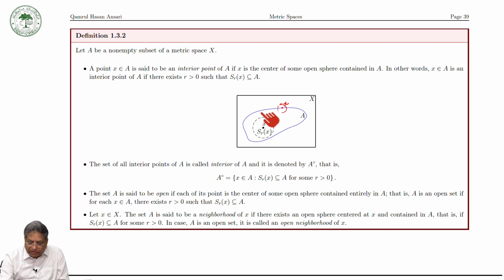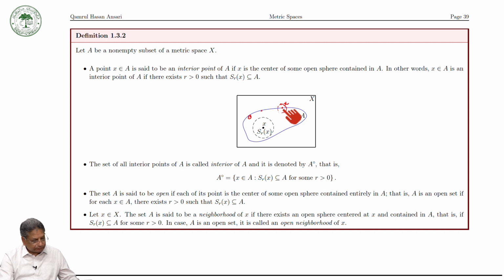But if you take a point just before that one, whatever the distance from this point to the boundary point, you can consider a radius less than this distance, and then you can find an open ball. So you can find r such that this point is the center of an open sphere contained in A. So this point is, but not that point. Later we will define the boundary point, not now.